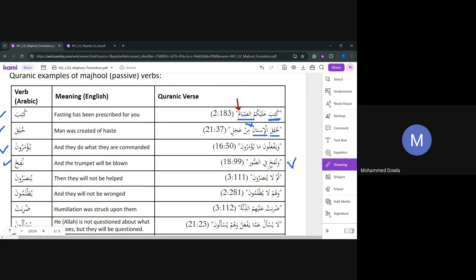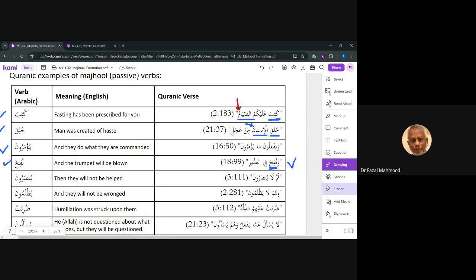Nufika fisuri. So nufika, this is madi majhul, because this is the pattern. And fisuri, I think this is madi majhul, and that will be naib fa'il. Does it look like a naib fa'il?